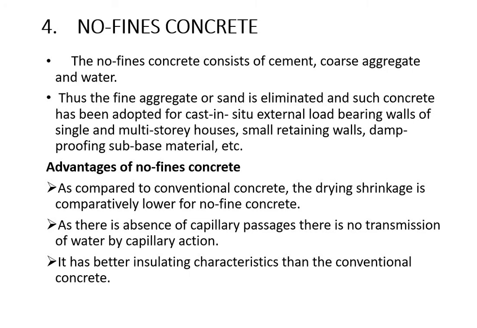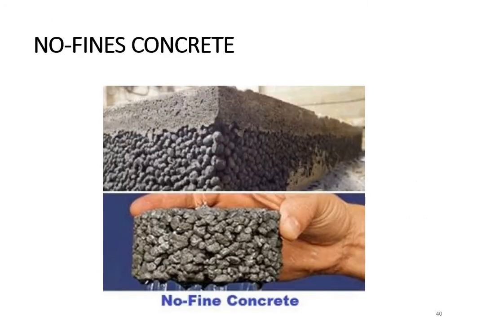It may reduce the chances of shrinkage of the concrete, and it can provide a better insulating property. You can use the no fine concrete like this: on top you can have the concrete, and then one layer you can give a no fine concrete.